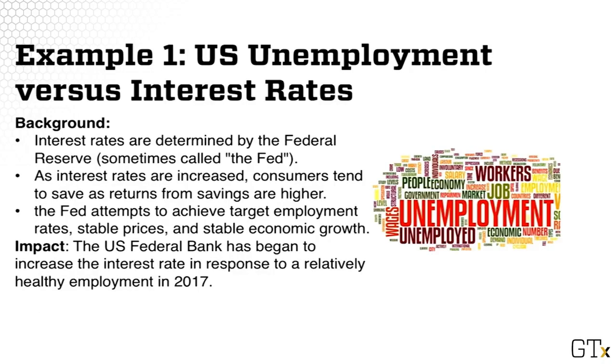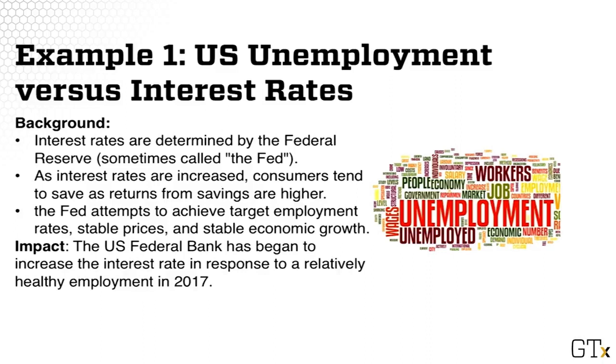I'll begin illustrating the concept of multivariate time series using a classic econometrics example, the relationship between interest rates and unemployment, a topic of interest in the past 2 years in the United States, as the Federal Reserve, or commonly referred to as the Fed, had started to slowly increase the interest rate.